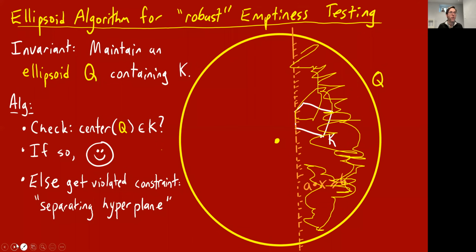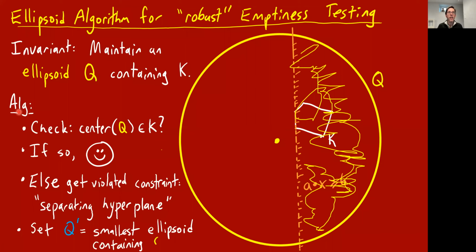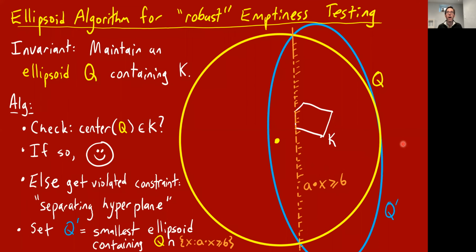Right. So the next thing it does is it gets a smaller ellipsoid containing K. It sets Q prime to be the smallest ellipsoid that contains this dome, so that contains the intersection of Q with this separating half space, which might look like this in the picture. This is the Q prime.